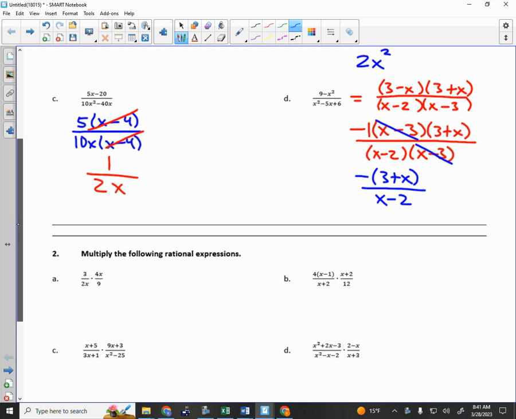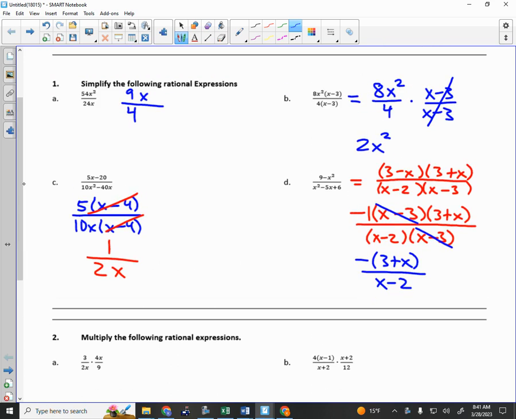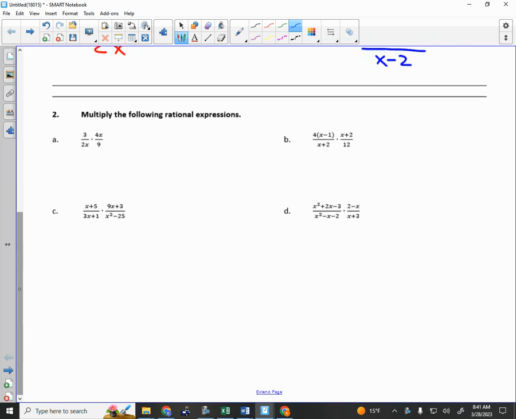So that's simplifying basic rational expressions. There's two other things we want to do today. We want to multiply them, and then we would also like to divide them.